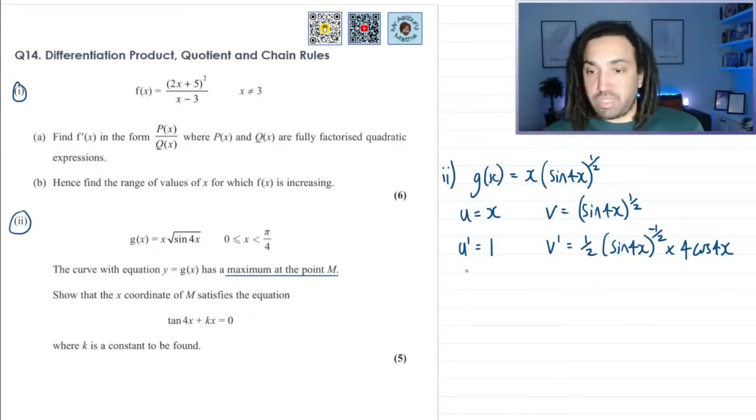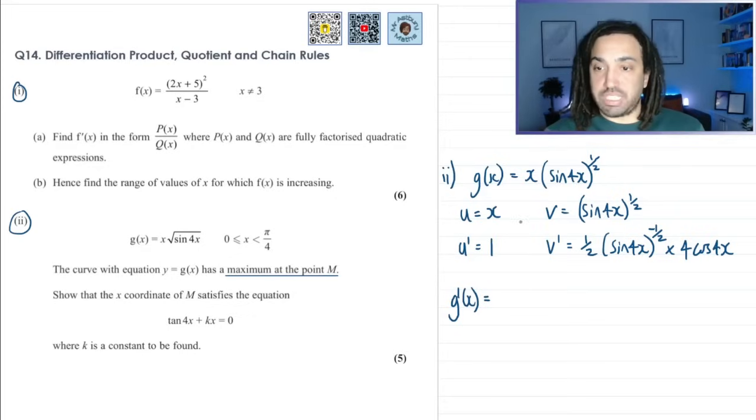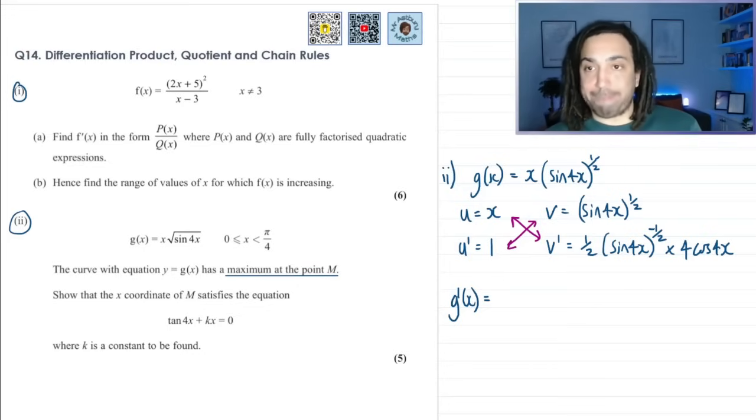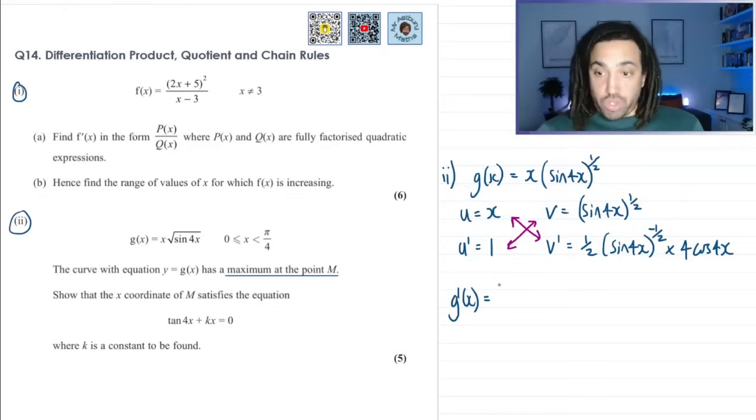Wowza. Okay, so now we can say g'(x) is equal to, so the product rule states that we need to multiply u by dv/dx and v by du/dx. So let's do this one first. Actually first, there's a half here and there's a 4 there, so that makes 2.